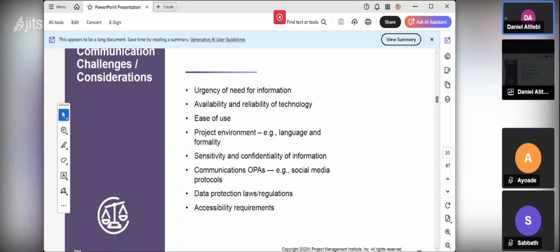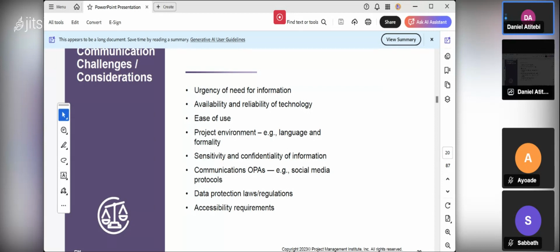The urgency of need for information, you consider. The availability and the reliability of the technology, you need to consider. For example, if you are managing a project in Nigeria and your team members are not in the same geographical area, you know that in Nigeria we have poor infrastructure when it comes to communication.